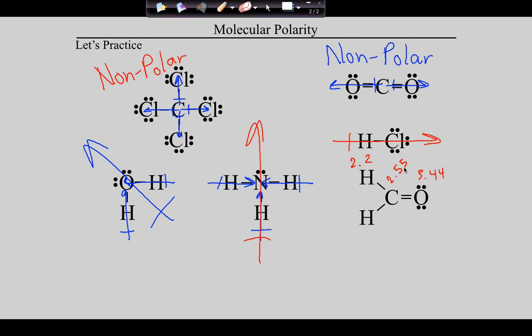Polar towards which atom? Oxygen. Draw it as such. Now, guys, we need to look at the polarity of the carbon-hydrogen bond. So carbon is stronger than hydrogen, so that would be polar towards the carbon.